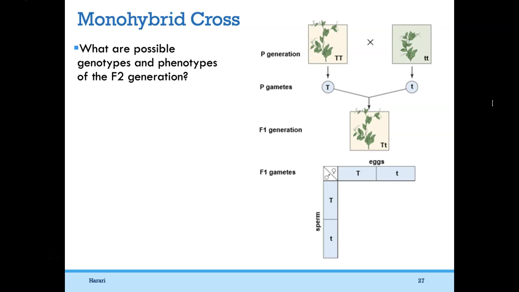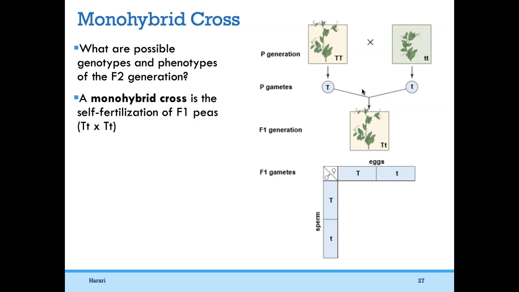So now we have to figure out what would happen if I self-fertilized this F1 plant and then grew the peas. What are the possibilities? So we're doing a monohybrid cross now. Remember, these are both hybrids, big T, little t, and they're only differing in one trait, in height. So I'm going to self-fertilize these F1 peas, and now I want to figure out what are the possible offspring.